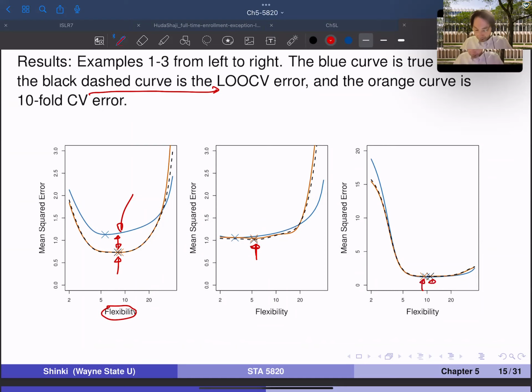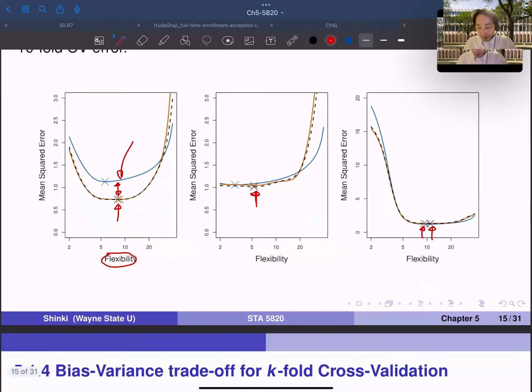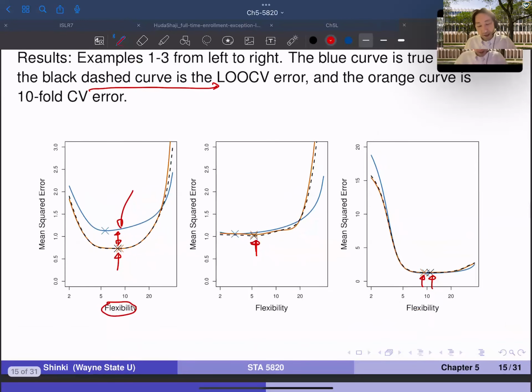Okay, so slightly different, but still errors are pretty similar. So, okay, LOOCV is the best method, but usually we don't really care. To shorten the computational burden, it's okay to use tenfold cross-validation. And in many packages, we use the tenfold cross-validation.